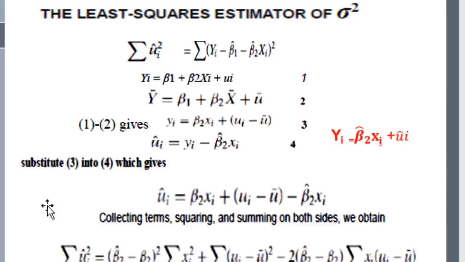This is the fourth equation. Now we will get this equation. Next we square these terms and take the sum on both sides. Then we will get beta 2 cap minus beta 2 the whole square into summation of xi square, plus summation of ui minus u bar the whole square, minus 2 beta 2 cap minus beta 2 into summation of xi into ui minus u bar.